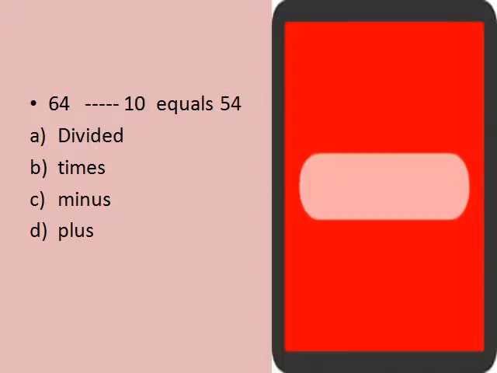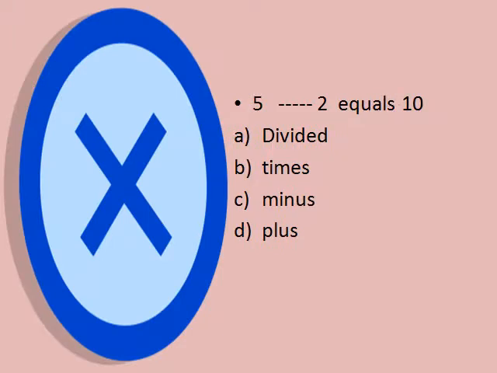Divided, 64, 10 equals 54. Divided, times, minus, plus. Minus 5, 2 equals 10.